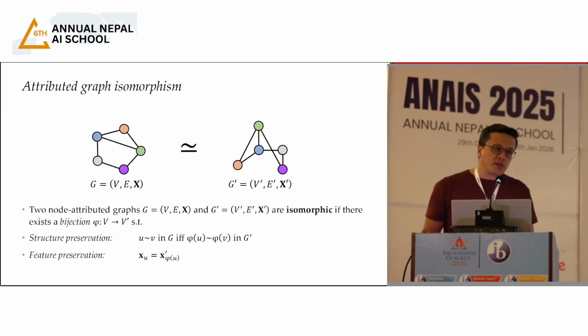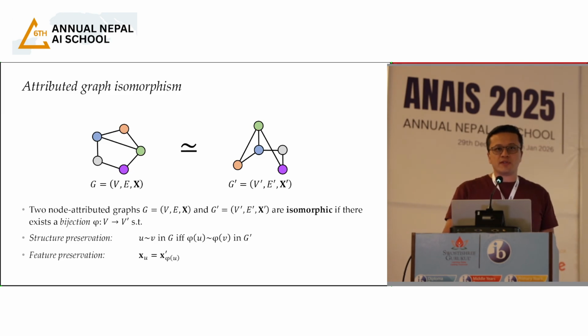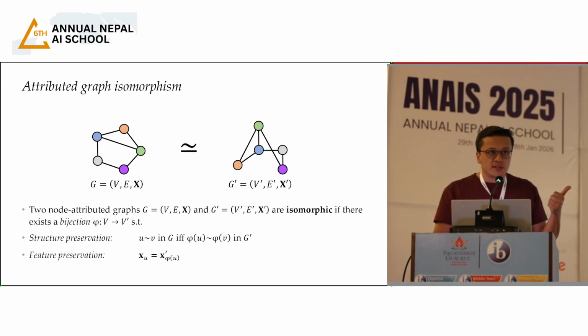Good. And of course, we can extend these notions of graph isomorphism to featured graphs, to attributed graphs. The extension is somewhat trivial. So now instead of looking at graphs G and G prime with node and edge sets, we also add a feature matrix to it, right? In this case, X and X prime. And we say that two node-attributed graphs, G and G prime, are isomorphic if there exists a bijection that not only satisfies the structure, which is the first criterion, which we have already discussed, right?